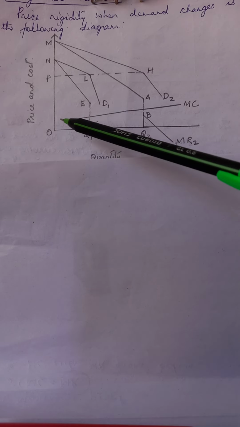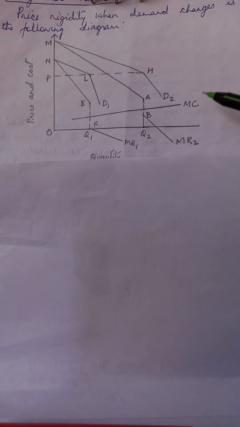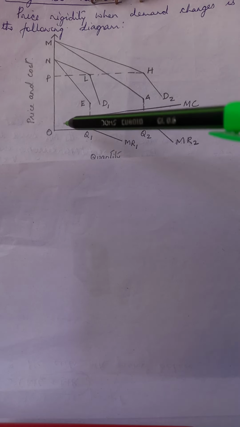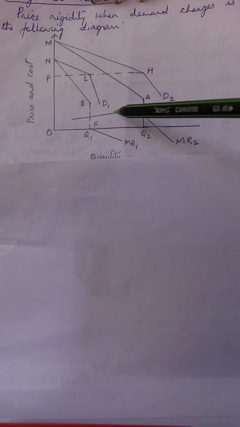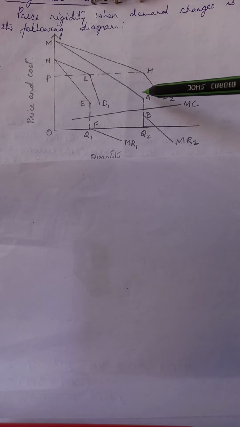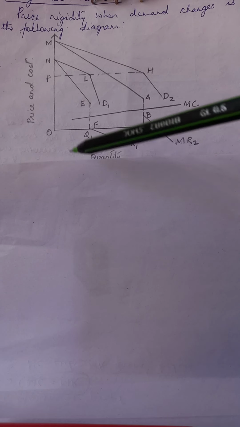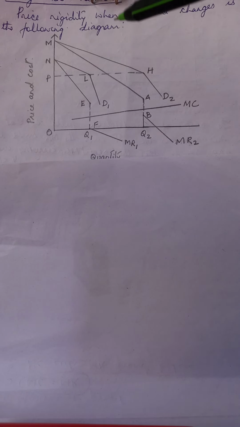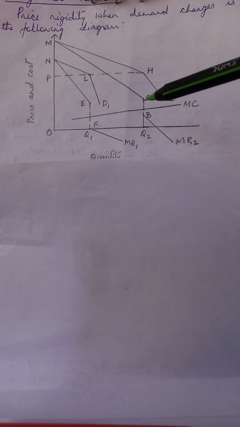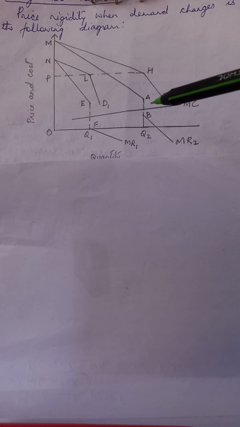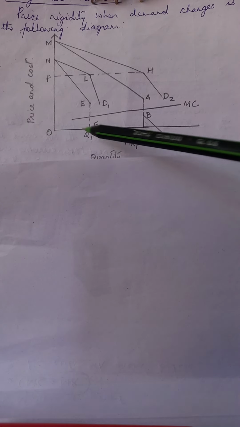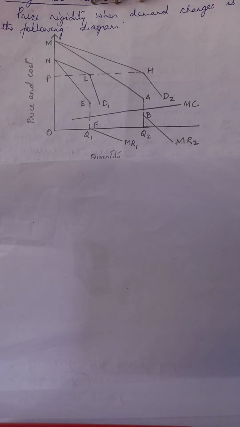And again, we still have the marginal cost curve, MC. Since the marginal cost curve still cuts the marginal revenue curve within the discontinuous portion, the same price will prevail in the market. But through the increase in demand, quantity supplied will increase from OQ1 to OQ2.